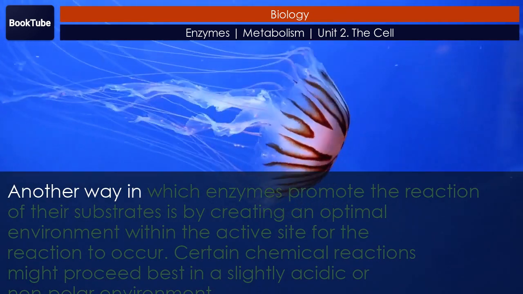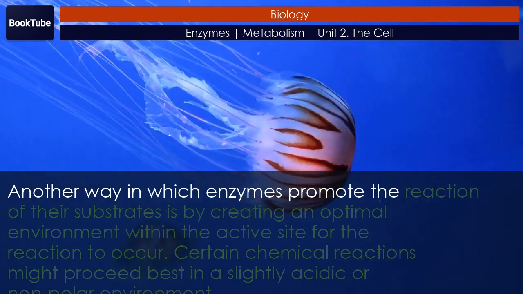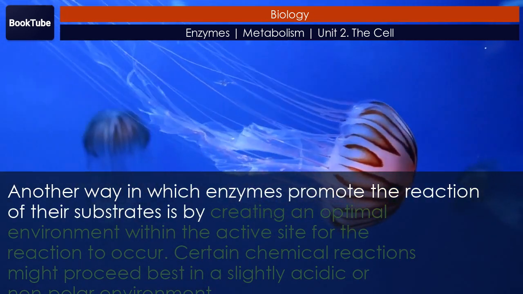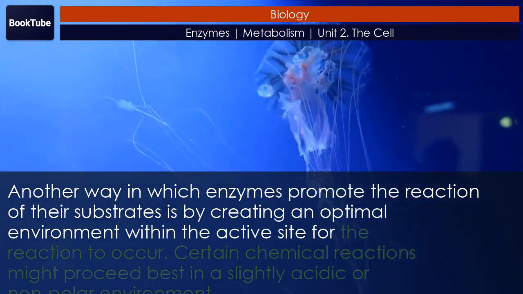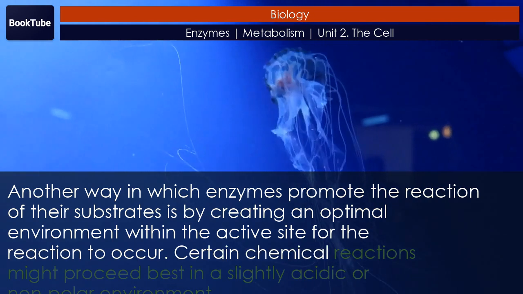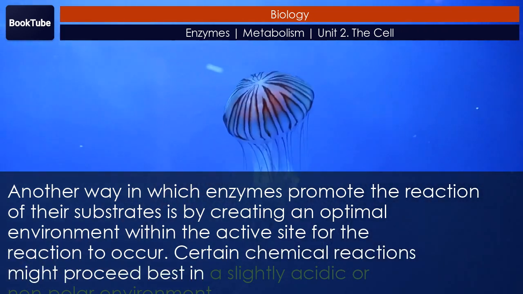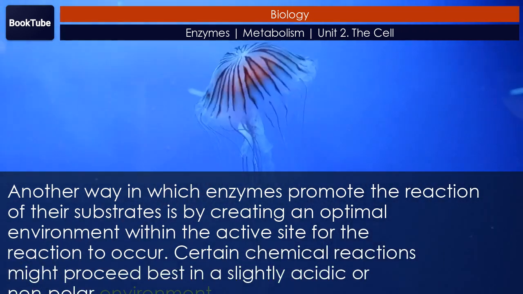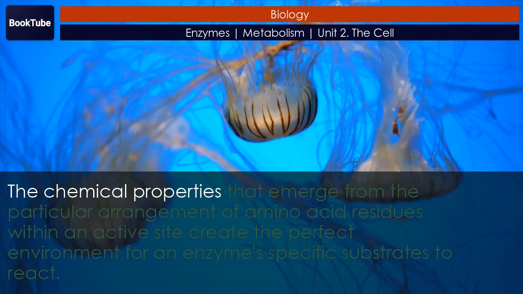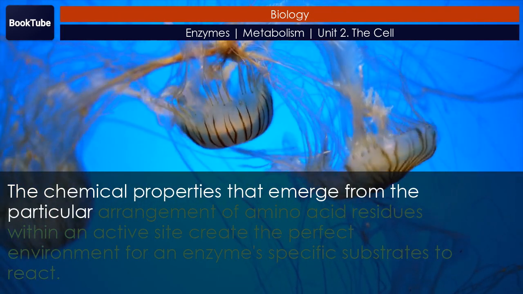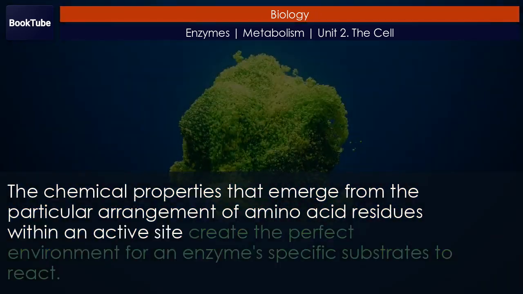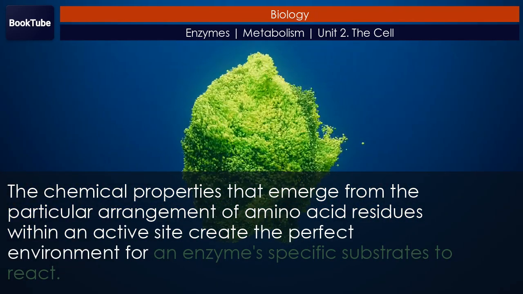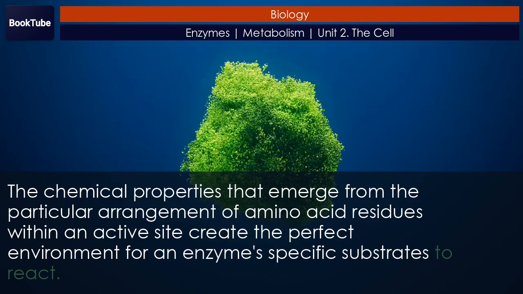Another way in which enzymes promote the reaction of their substrates is by creating an optimal environment within the active site for the reaction to occur. Certain chemical reactions might proceed best in a slightly acidic or nonpolar environment. The chemical properties that emerge from the particular arrangement of amino acid residues within an active site create the perfect environment for an enzyme's specific substrates to react.